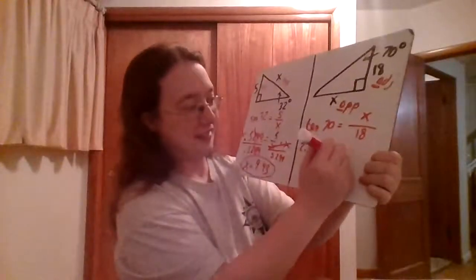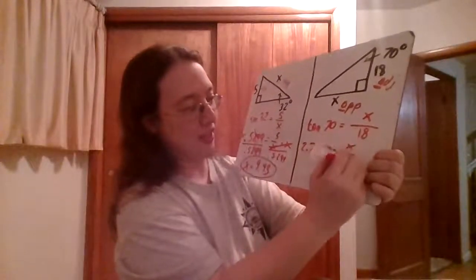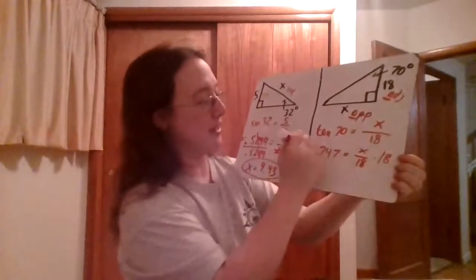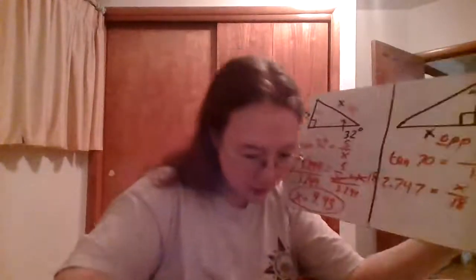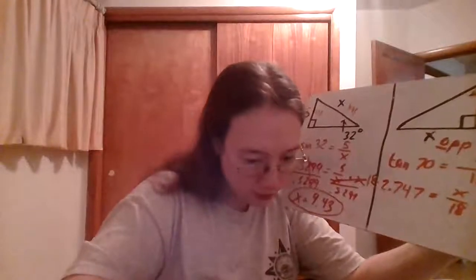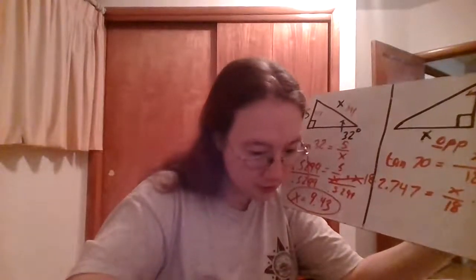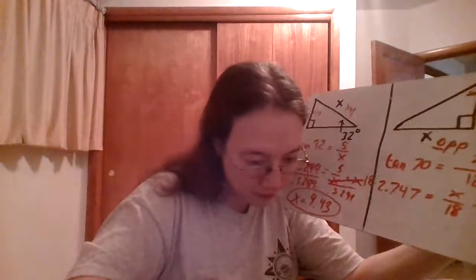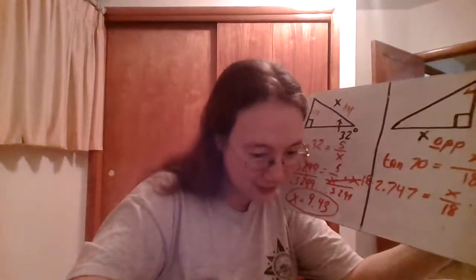Okay. And then we're just getting rid of dividing by 18 by multiplying by 18. So we're going to take that times 18. Calculator difficulties. There we go. Okay, 49.4.